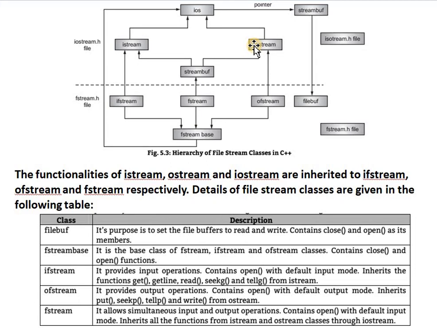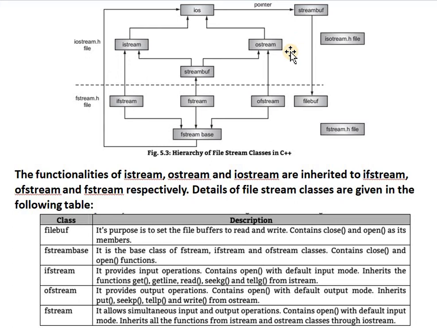Member functions of the base classes istream and ostream handle the input and output. This fstream class provides both input and output operations, and it inherits the properties from the istream class and ostream class.